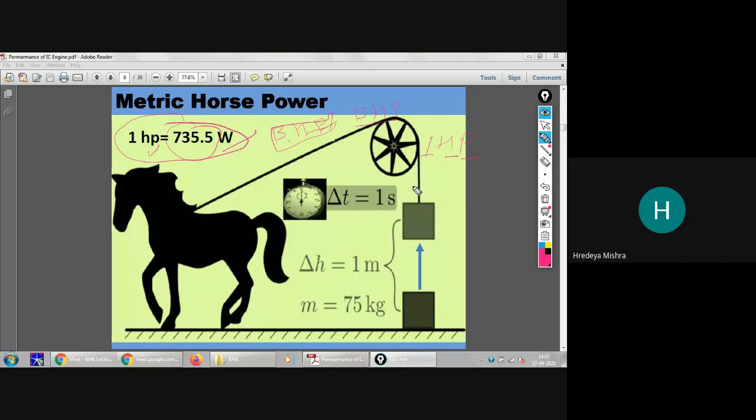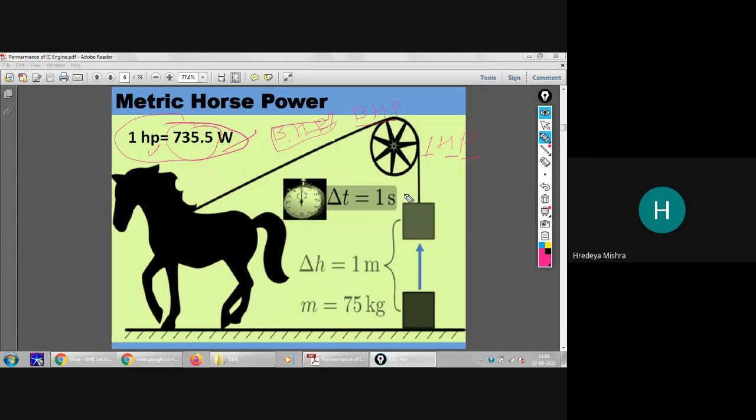A horse can move a 75 kg mass by 1 meter in 1 second. So we can say that the energy a horse utilizes in moving a 75 kg mass 1 meter in 1 second is 1 horsepower.